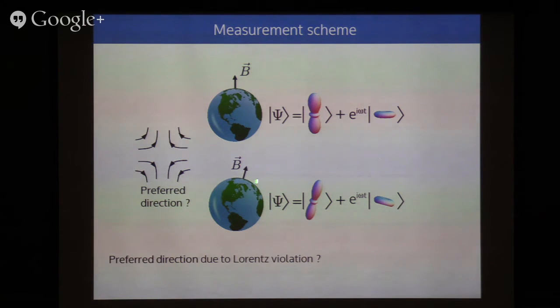Then this wave function is defined with respect to a magnetic field we apply, and that remains constant with respect to the Earth's surface. And as the Earth rotates, I rotate the direction of that magnetic field in this preferred coordinate system, and that means that I rotate the wave function itself. And if there's a Lorentz violation, it should show up as an energy modulation while the Earth rotates. That's the idea of it.